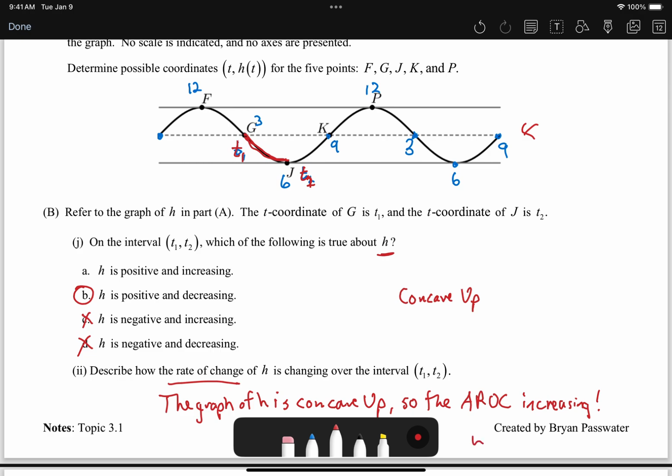Why? Because it's getting less negative, remember that? So we have to relate all this stuff we've learned in the past. So the rate of change from T1 to T2 is that it's actually the average rate of change is negative, but it's getting less negative, it's concave up. So therefore, if it's concave up, it's increasing.